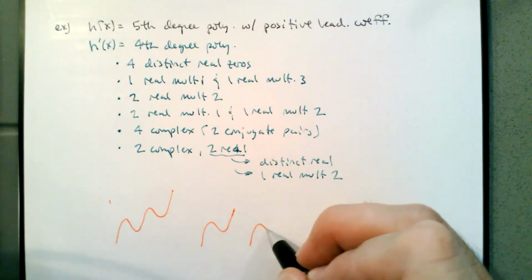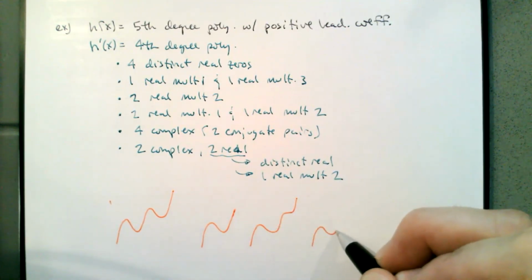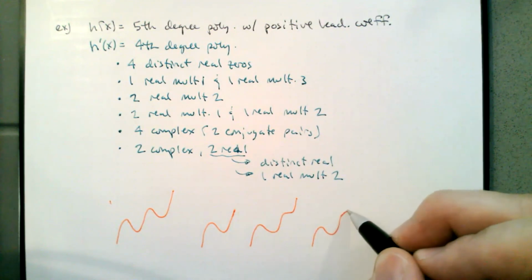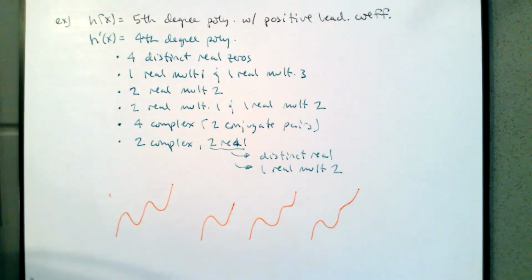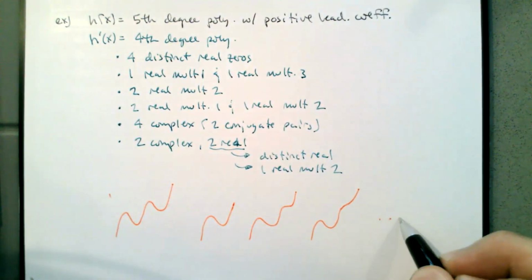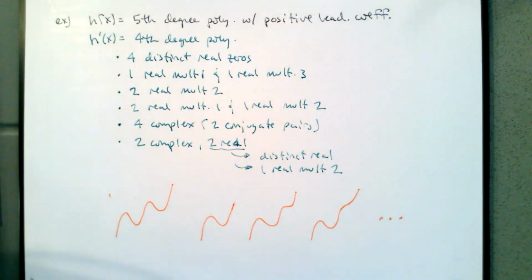Maybe it makes those 2 turns and has a flat point. Maybe it makes those 2 turns and thinks about flattening out, but then just keeps on going. And many more. Any questions?